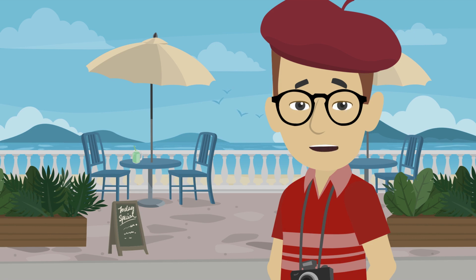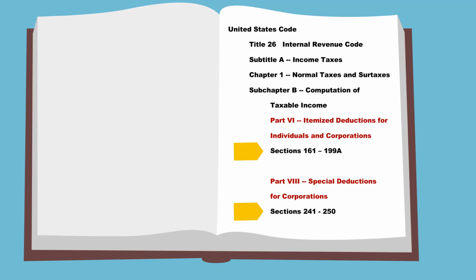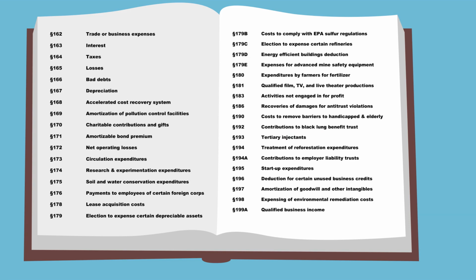Luckily, the tax code makes it relatively simple to find the statutory authority you need for the most common business deductions. Most of them are grouped together in sections 162 through 199A, and then in a few other places. The broadest and most commonly used provision is Section 162, which permits a business to deduct all of its ordinary and necessary business expenses. But let's come back to that one.